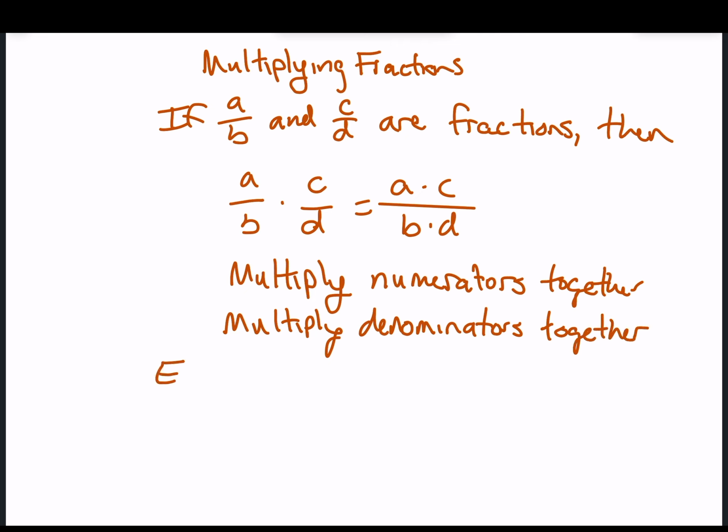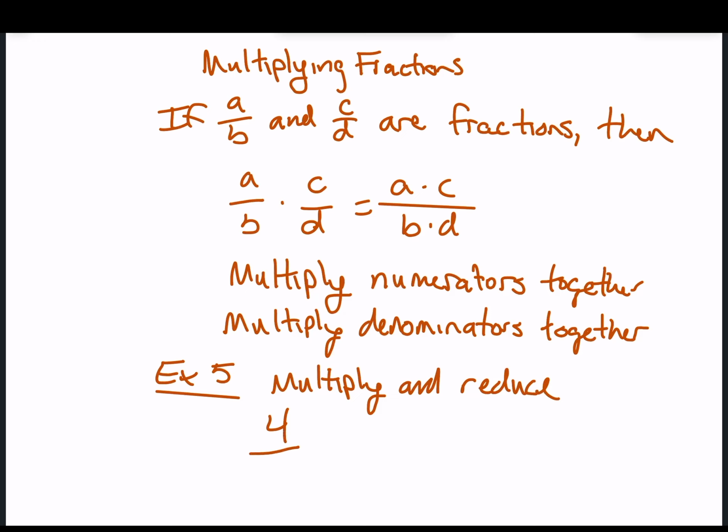Okay, example 5. We want to multiply and reduce 4 over 11 times 2 over 3. Okay, so we multiply numerators together, 4 times 2 over 11 times 3.